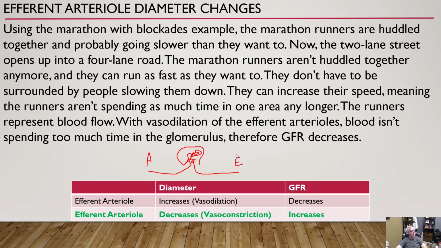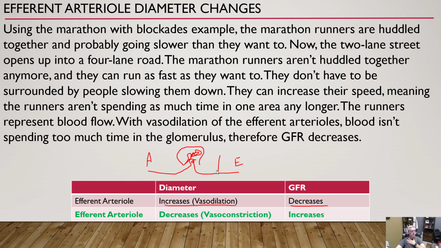We're only going to talk about the efferent side. On the efferent arterioles, if we vasodilate the efferent arterioles, we are allowing blood to leave the glomerulus faster than we normally would. So if we are allowing blood to leave the glomerulus, we are going to decrease our glomerular filtration rate.